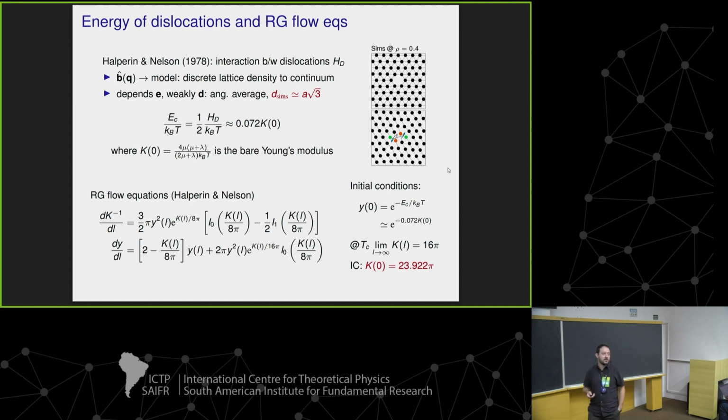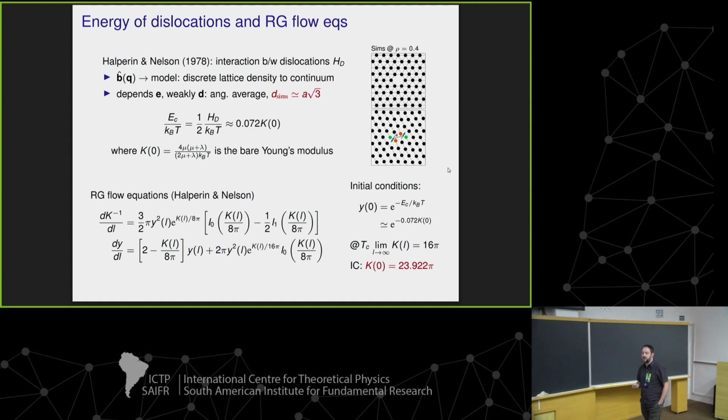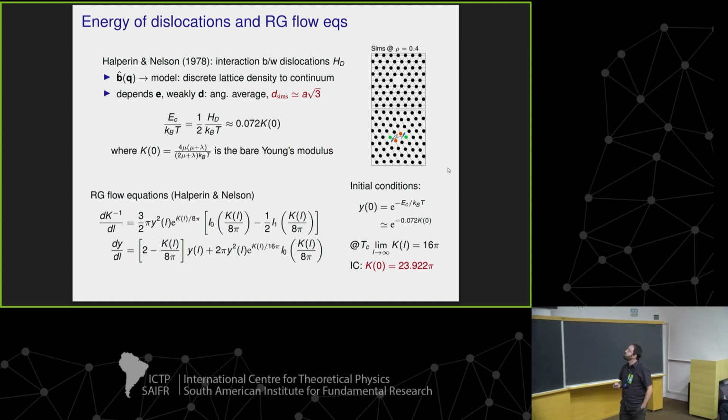So what our model does is to start with a microscopic configuration setup for a pair of dislocations and make a coarse graining of this pair of dislocations. Then we use an important input from simulations at 0 temperature, where we obtain that the minimal distance between these dislocations is around this value, where A is the lattice parameter.